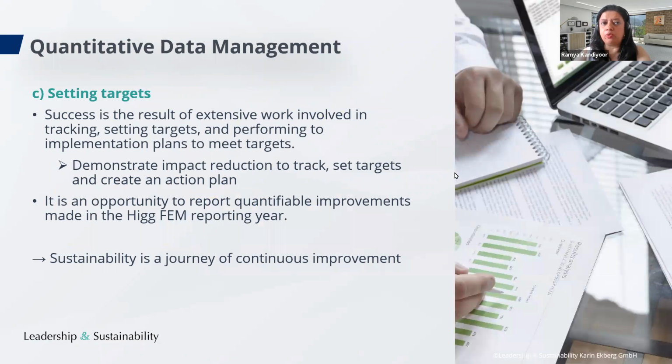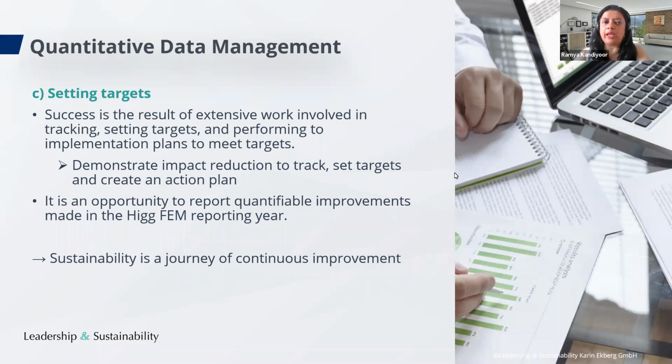The third part of quantitative data management is setting of targets. And here success is basically the result of extensive work which is involved in your tracking and setting of targets, and the improvement plans that you will make within your facility, and the implementations that you will finally do to meet your targets.